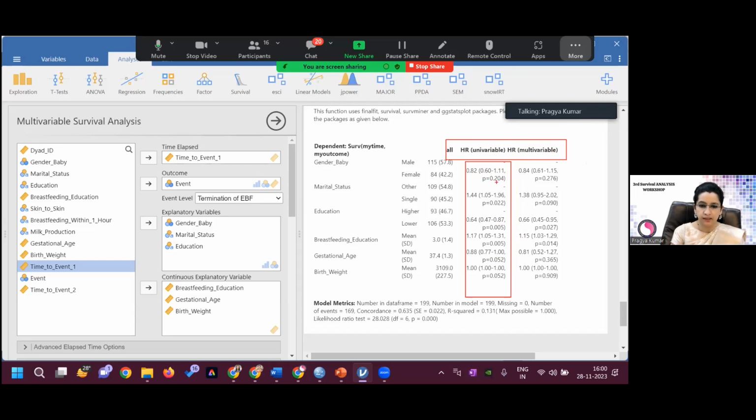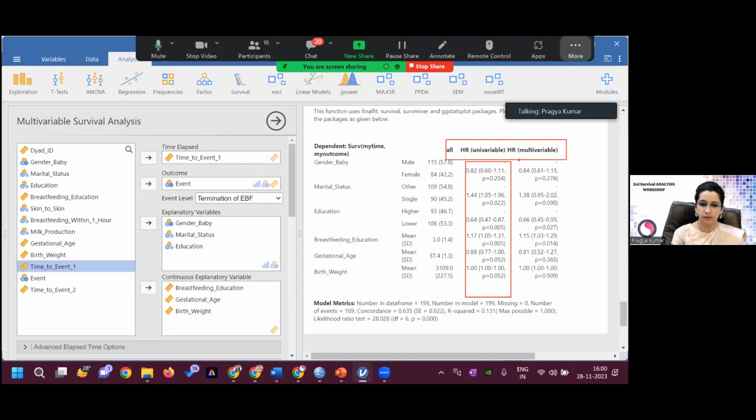If we have decided that we'll take only those variables where the p-value is up to 0.2, like Prashant and many of you have said, then in this case gender is 0.2, so we'll take it. This is 0.02, so we'll take it. This is 0.005, so we'll take it. This also we'll take. So all are significant, and we are including everyone in the model.